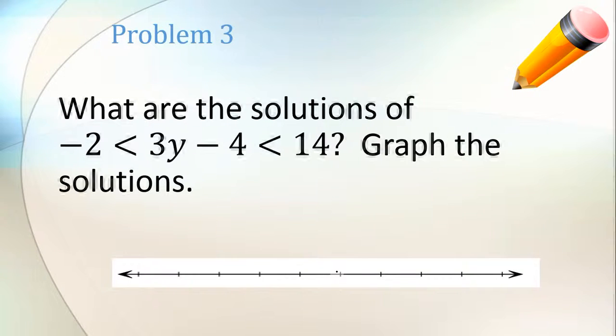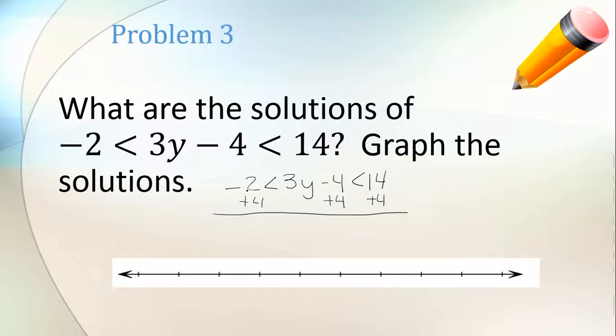Let's take a look at another one of these. So I have -2 is less than 3y minus 4, which is less than 14. So I'm going to start solving for y. I'm going to start by adding 4 to all sides. So I'm going to get -2 plus 4, 2.